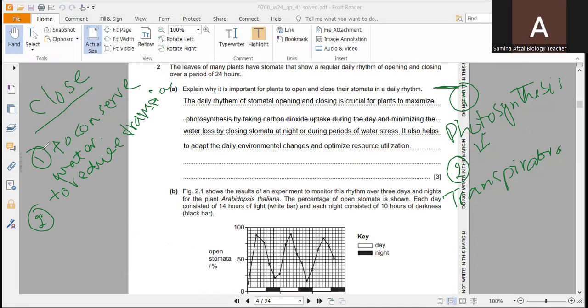Excessive water loss can lead to wilting and even death of the plant, which cannot be acceptable, so to reduce the wilting by dehydration.